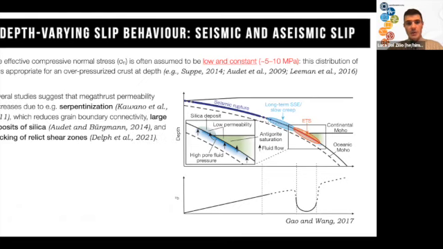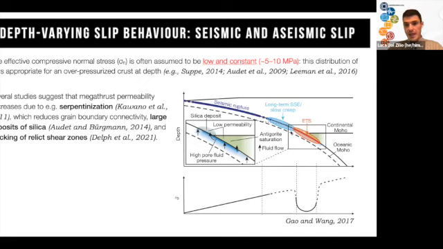The reason why we can have this low permeability and the presence of high pore fluid pressure can be different mechanisms, such as serpentinization, which causes an increase of volume and a decrease in the connectivity between pores, deposits of silica, and the stacking of shear zones.